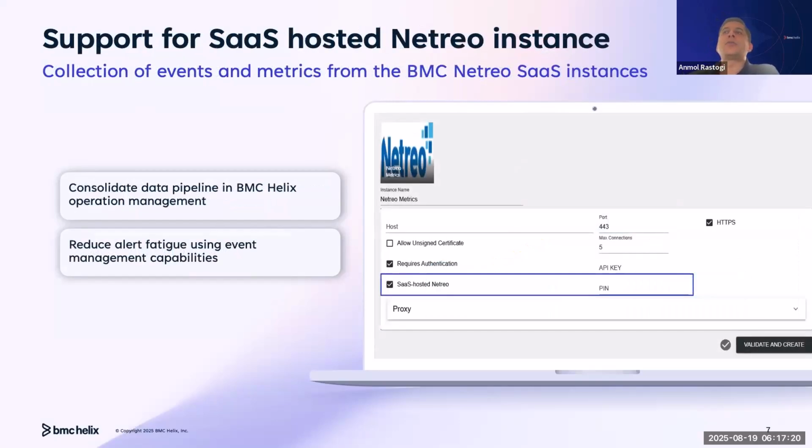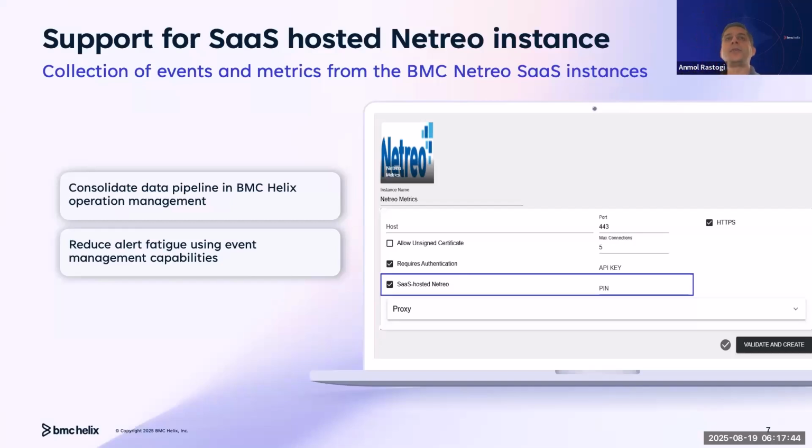Netrio SaaS hosted. We now have an option where you can say that the Netrio instance is in SaaS or on-prem. Once it is a SaaS hosted Netrio instance, users can configure all the API keys, the servers and all those details, and then they can validate and create this pipeline for Netrio for the SaaS-based instance.